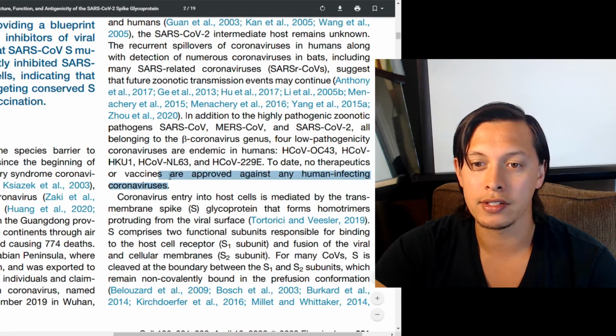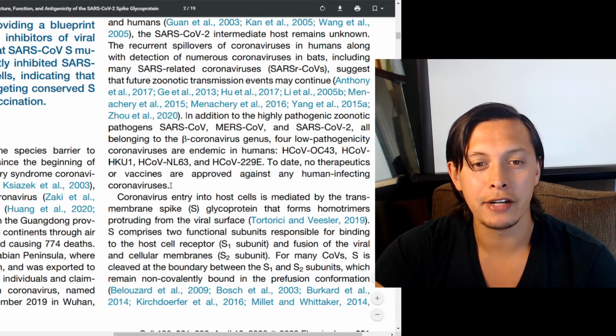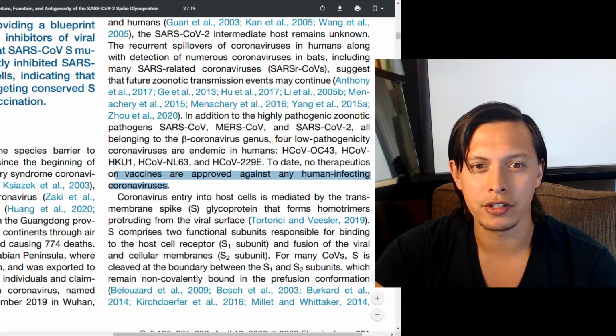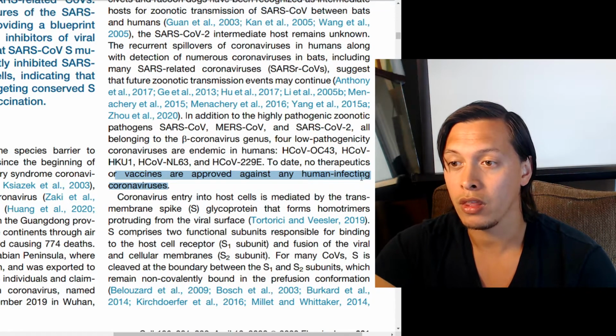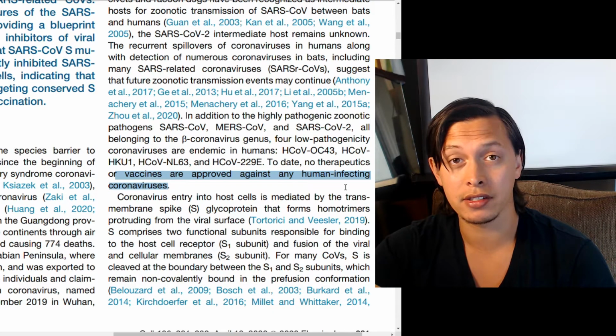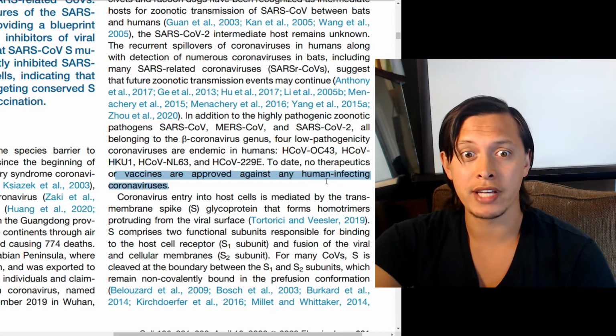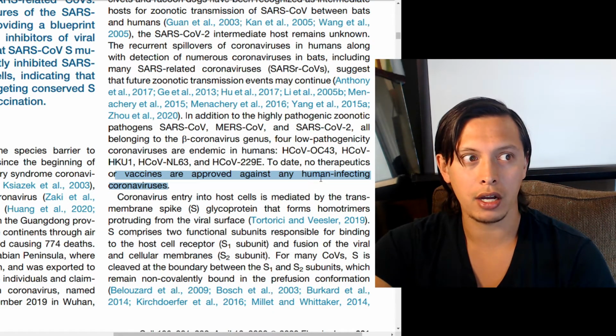So this is unfortunate. I'll look into the literature to see if we have vaccines against coronaviruses that infect some of our livestock. We tend to be a little bit more, what would the word be, liberal with how much testing needs to be done before a vaccine is approved for animal usage.